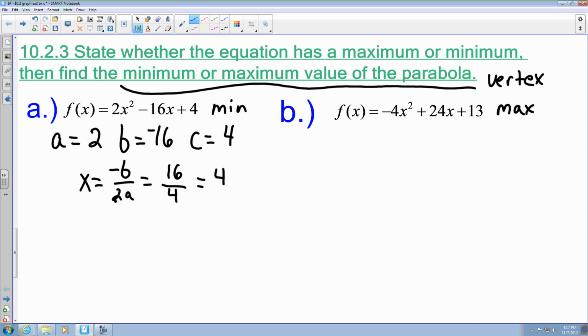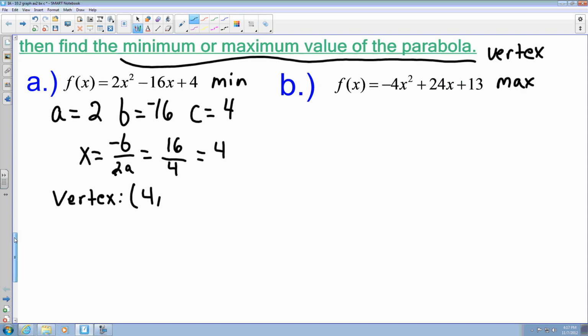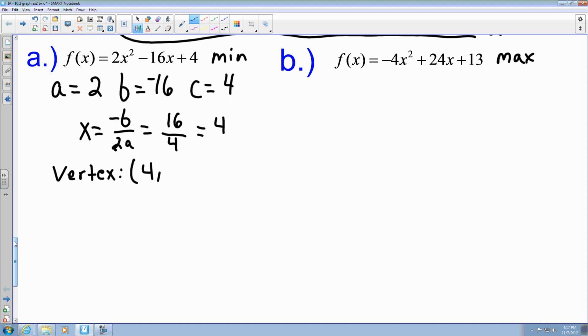So I have my x value, so now I can write in my vertex, 4 comma. Now all I have to do is substitute the value 4 into our original equation. So I'm just going to write f of 4 equals 2 times 4 squared minus 16 times 4 plus 4.